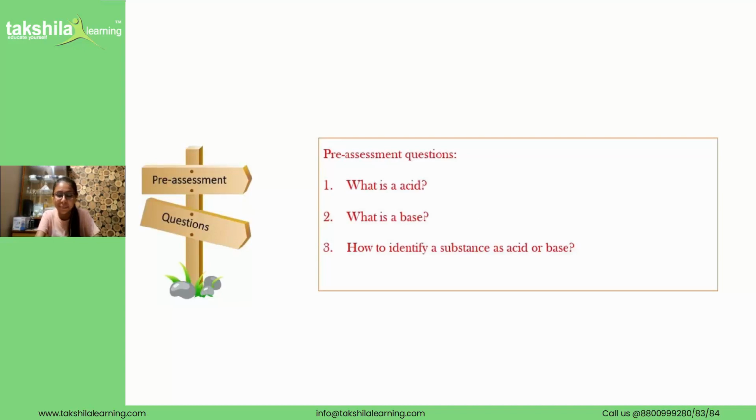The second question says, what is a base? Bases are the substances which are very bitter in taste. Acids were the ones which were sour in taste, and bases are the substances which are bitter in taste. Some examples of bases can be soap.